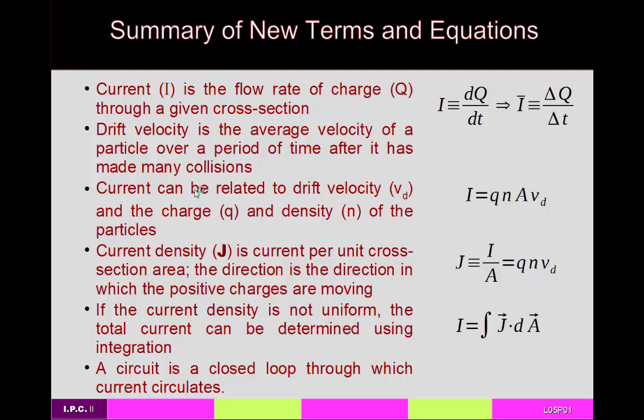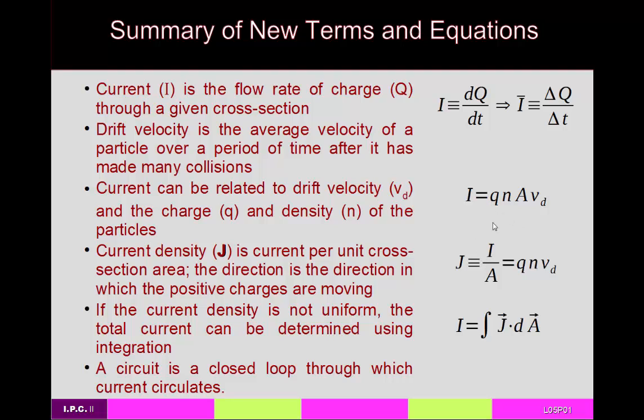That's represented by Vd. You can get from drift velocity back to current via this equation. I is q n A Vd, where q is the charge of each carrier, n is the density, that is the number of charge carriers per unit volume, A is the cross-sectional area that this is taking place through, and Vd is the drift speed.